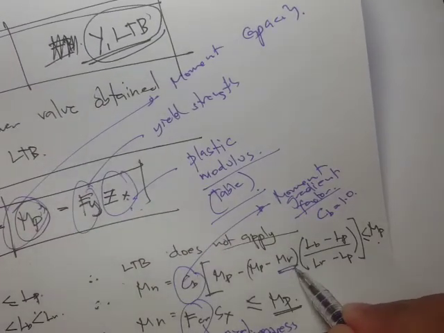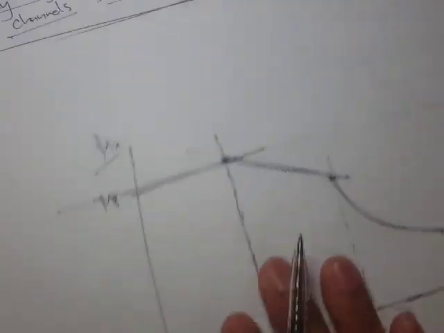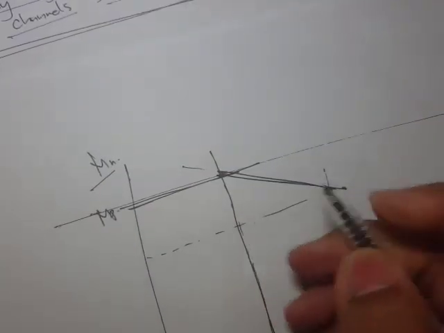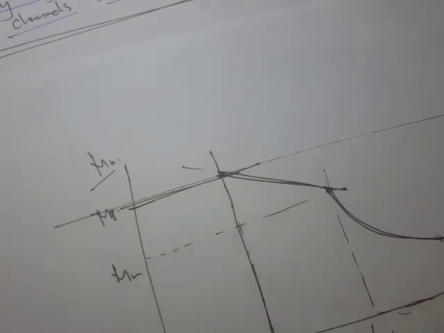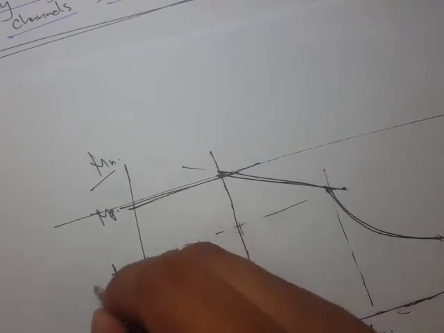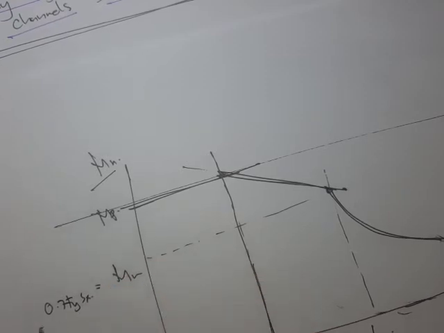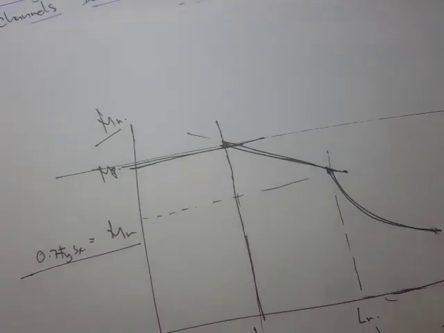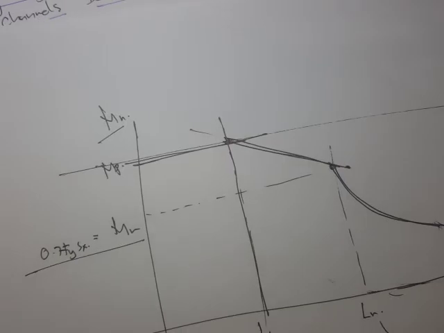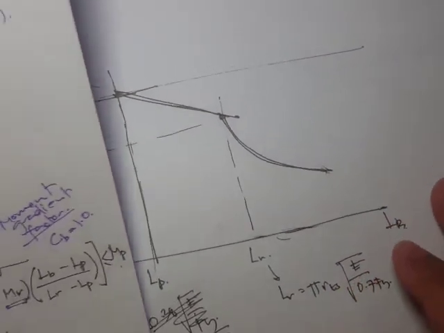Now this M sub R is at this point, which is just equal to 0.7 Fy Sx. Okay, and then I guess that's what we only need.